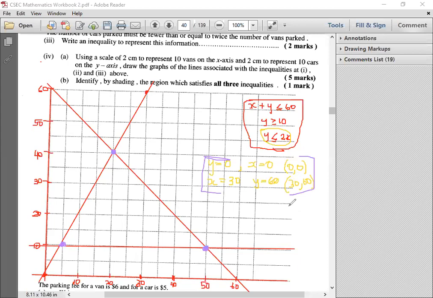You choose it. You could have chosen 20, or you could have chosen 10. You determine what the value of x is going to be.